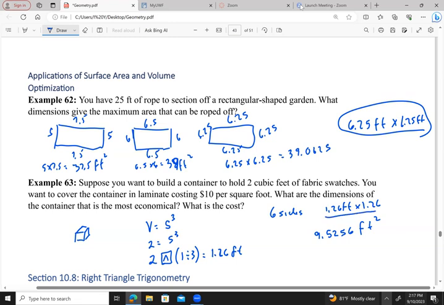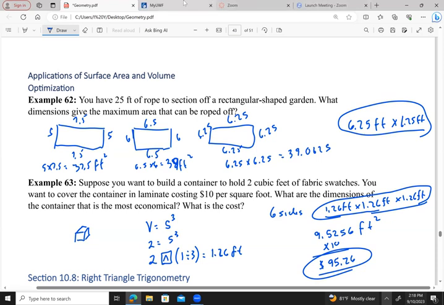So this is our most economical: 1.26 feet a cube. What is the dimension of the container and what is the cost? So we need to multiply this by 10, and we get $95.26. And that finishes our section 10.7, volume and surface area.